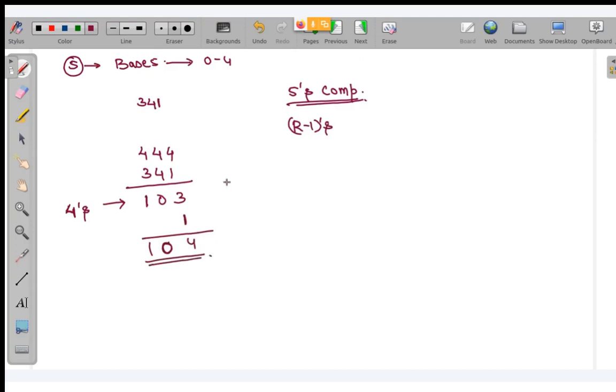Shubham, how did you get 214? How many of you got 104? I said 5's complement. Anyone got this number 104? Anyone? Me, very good. Okay, good, good. Piyush, Shruti. Bhumika, what about you?